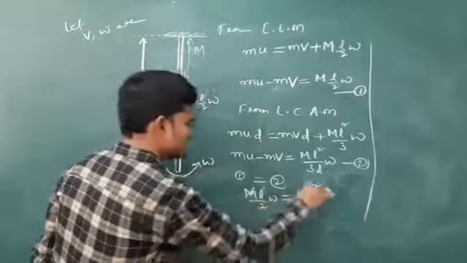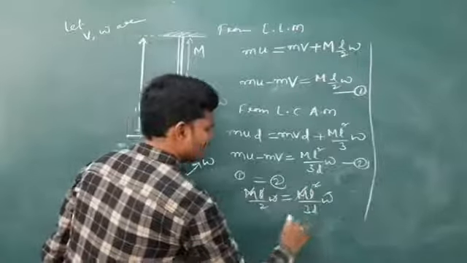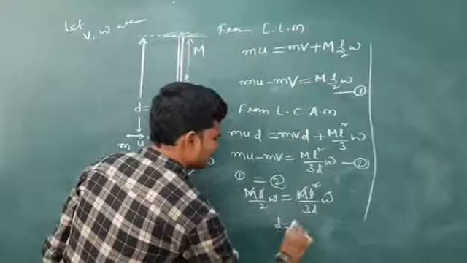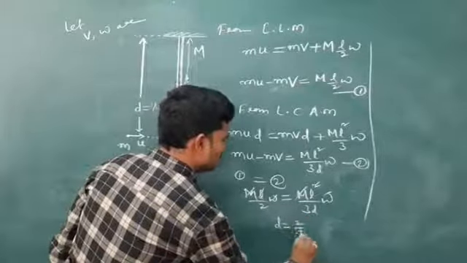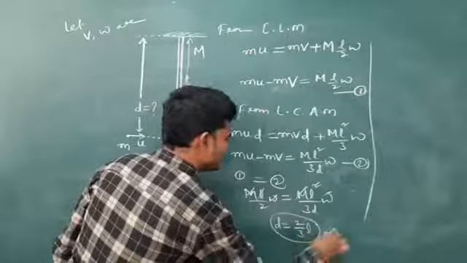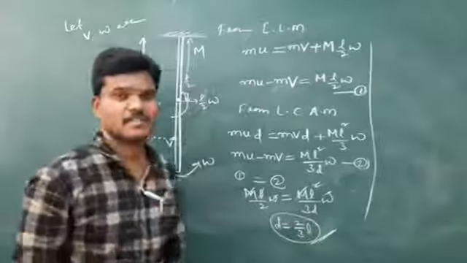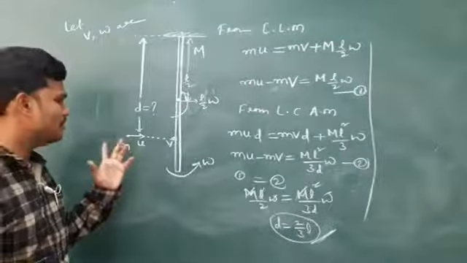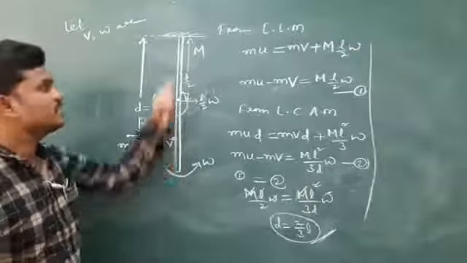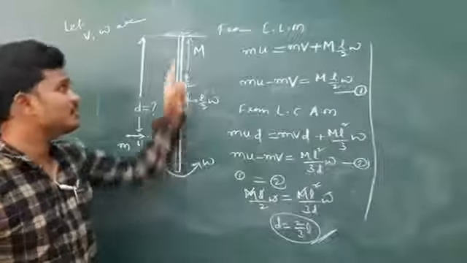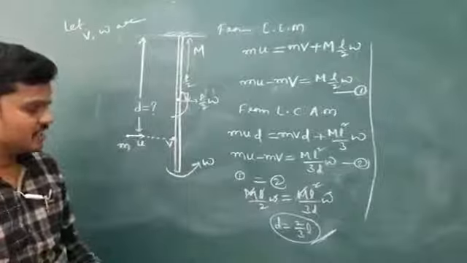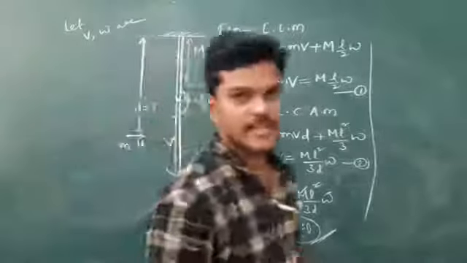M gets cancelled, L gets cancelled, omega also gets cancelled. So d is equal to 2 by 3 L. Means at this distance the ball has to strike, so that this hinge does not exert any impulse on this rod.